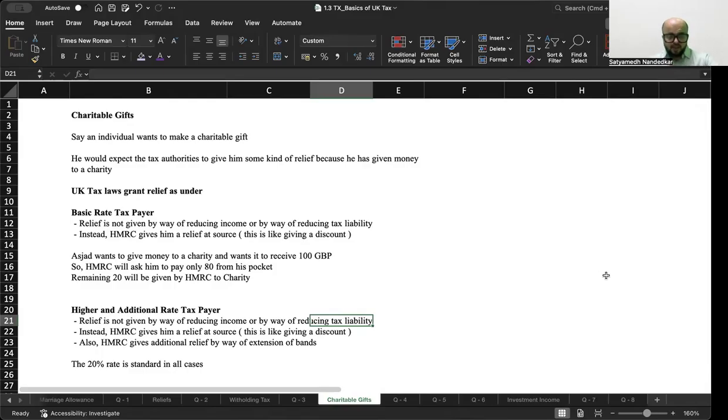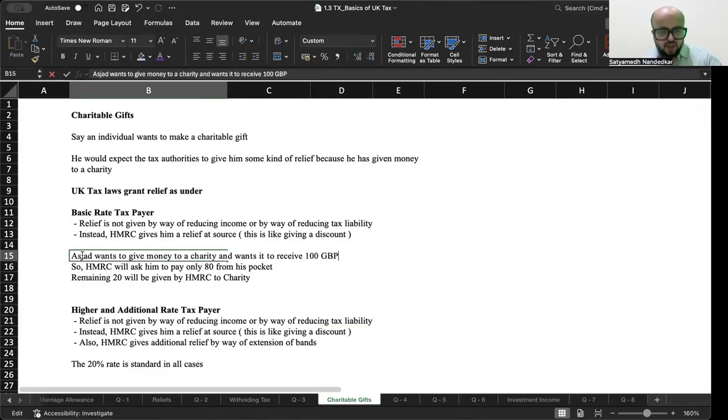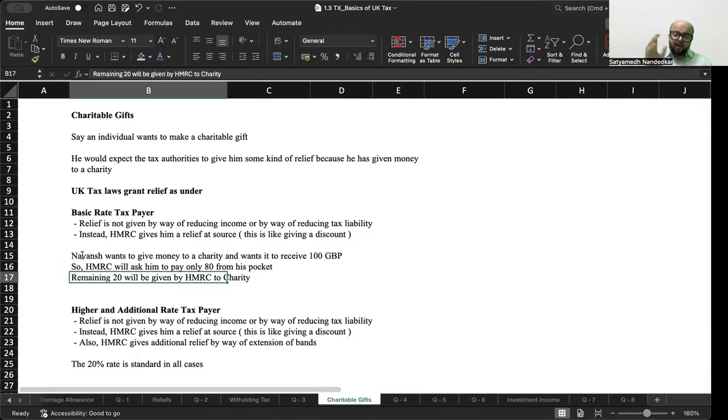Say, for example, there's a person called Navansh and he wants to give a certain amount to charity. Navansh feels that he wants to make a positive contribution to society and he wants the charity to receive 100 pounds. What HMRC tells him is, we appreciate the fact that you want to give 100 pounds to charity, but you don't pay all 100. You transfer only 80.